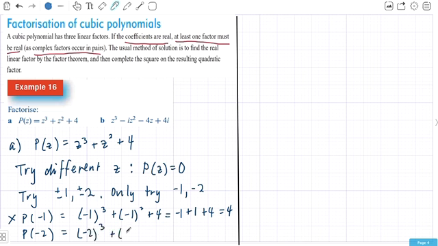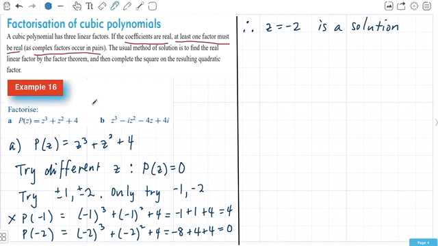And that, hopefully, is enough to get 0. So we're going to get negative 8 here, and negative 2 squared is 4, plus 4. And cool, it's 0.